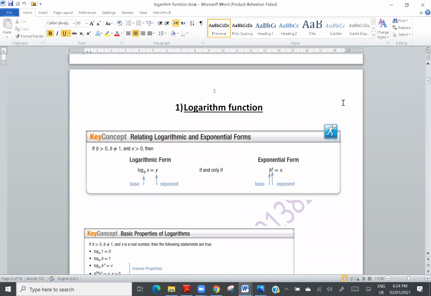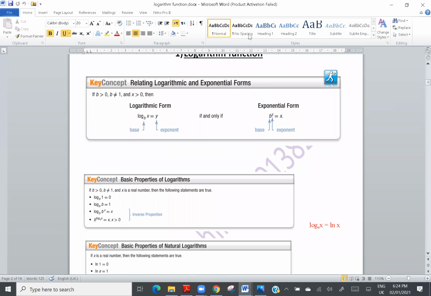So first, let's understand the logarithm function and how we can use it to solve the problems. The first rule we have: the exponential function consists of base and power. The log here consists of the b, called the base, and y, the exponent.